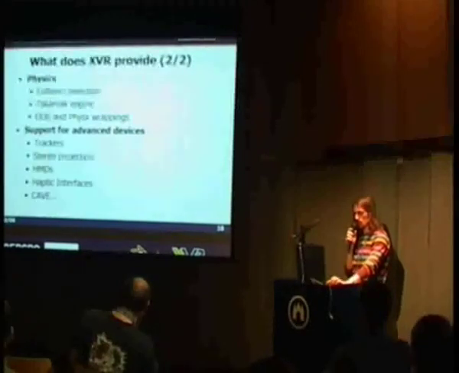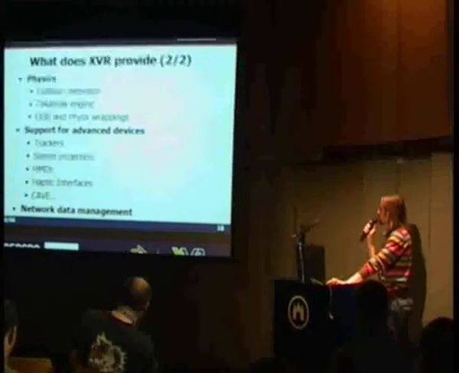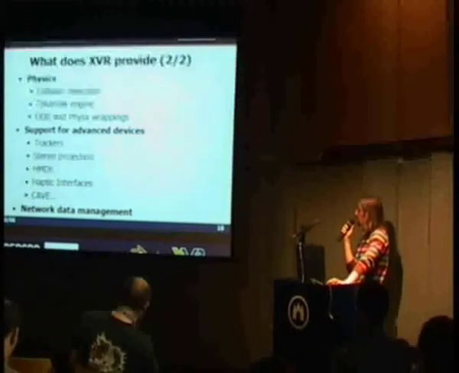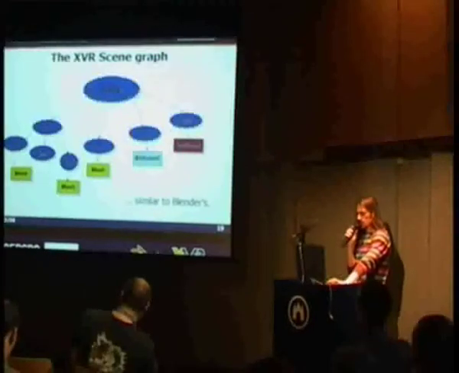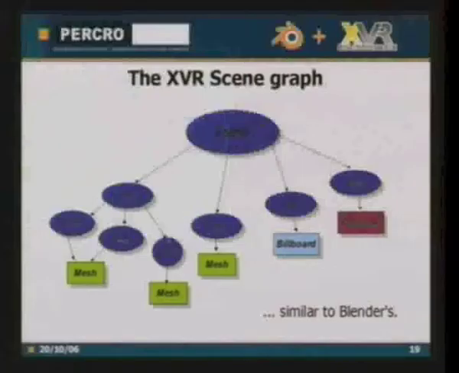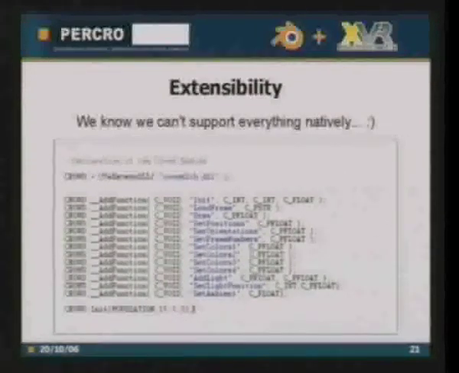Okay, so there is a simple network data management layer, which allows you to create network-aware programs. The basic scene graph is similar to Blender's. This allows quite easy mapping of the two. There is also a built-in profiler. There is also the possibility to extend the program by external DLLs.